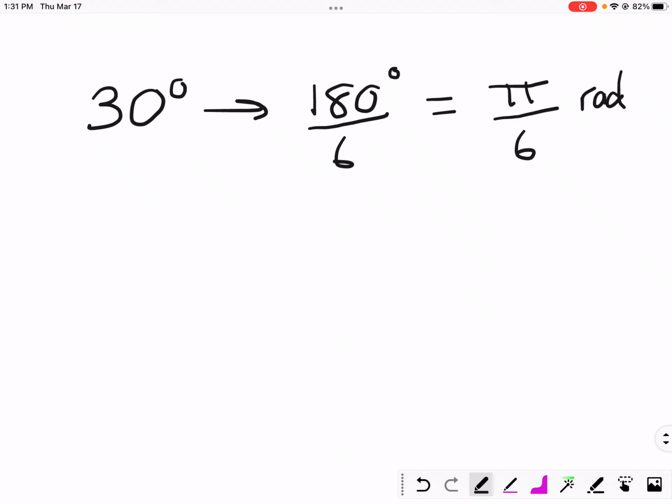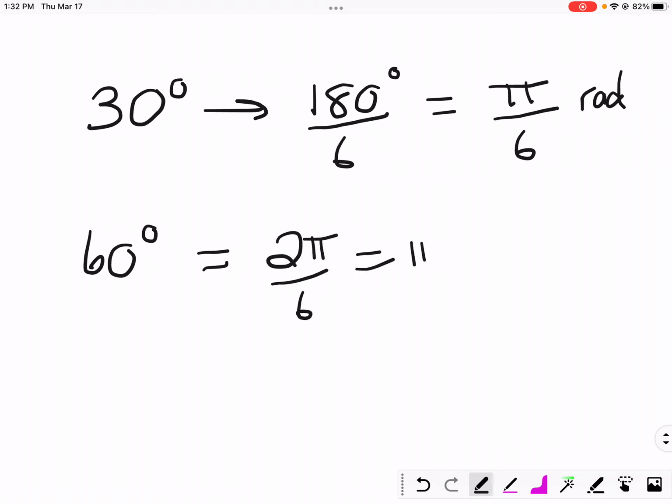And then from there, 60 degrees, guess what? That's twice 30 degrees, so 2 pi over 6, or pi over 3, or 60 is 1/3 of 180, so 1/3 of pi.